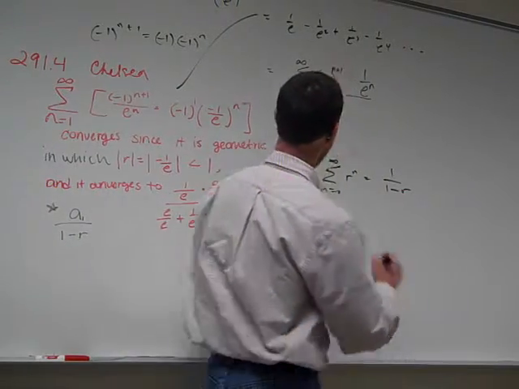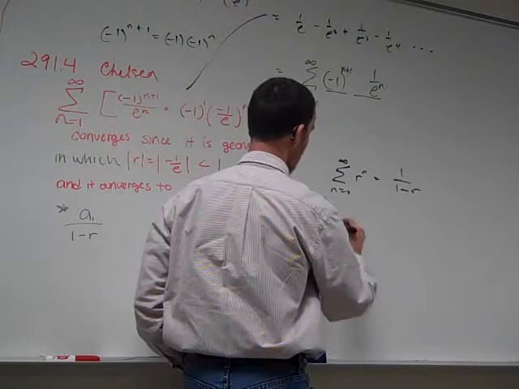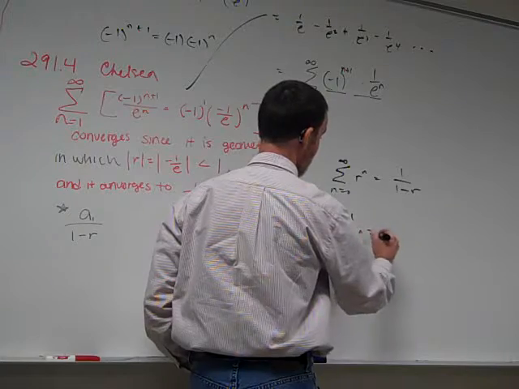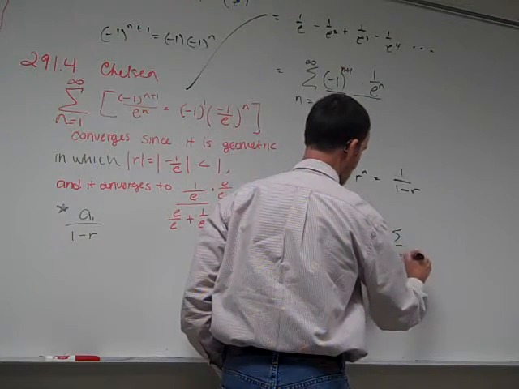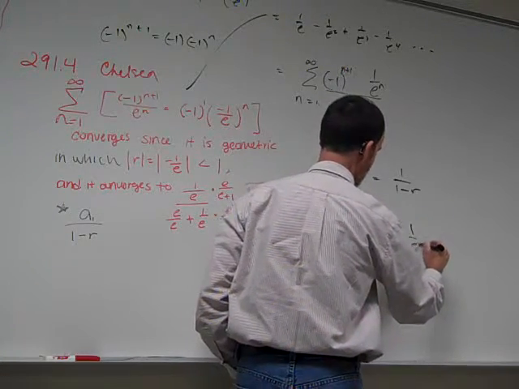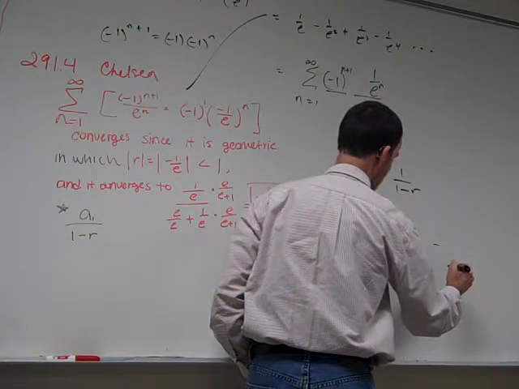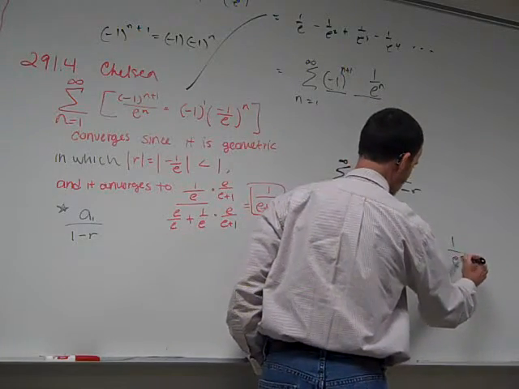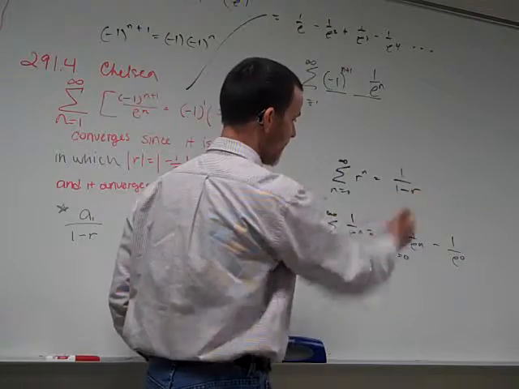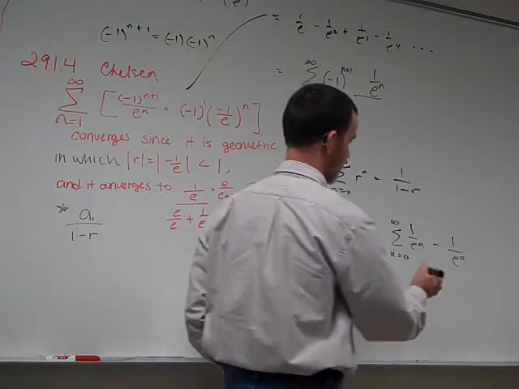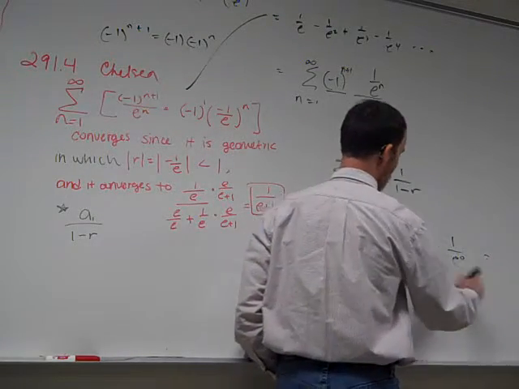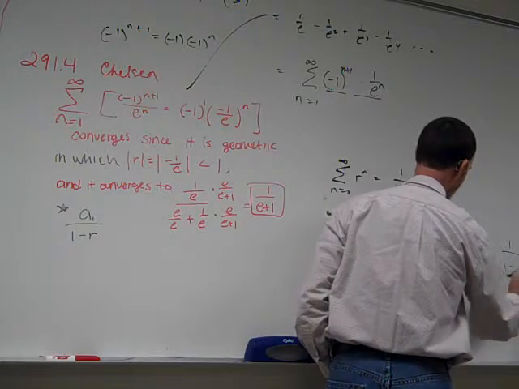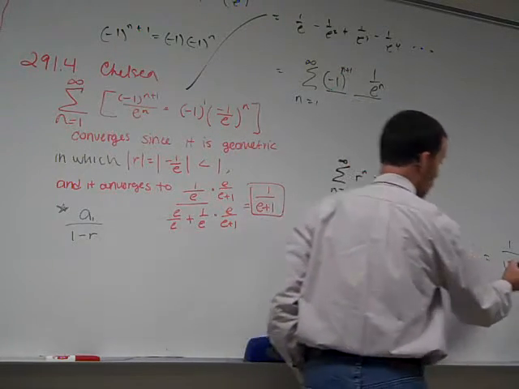If I ignore that part, then the sum from n equals 1 to infinity of 1 over e to the n is the sum from n equals 0 to infinity of 1 over e to the n minus 1 over e to the 0, because I added the 0th term in and I'm subtracting it back out. That whole thing's 1. So that's 1 over 1 minus r, where r is 1 over e.